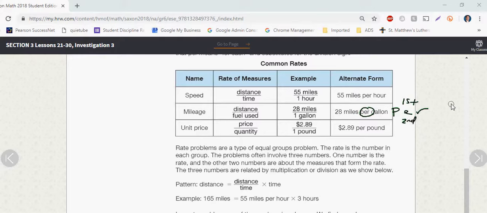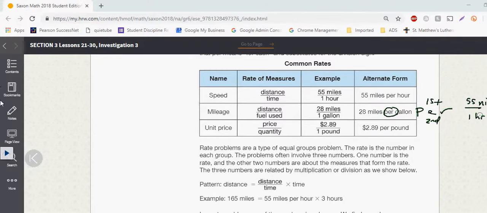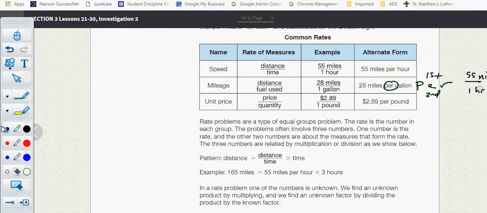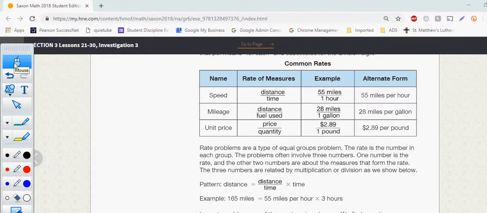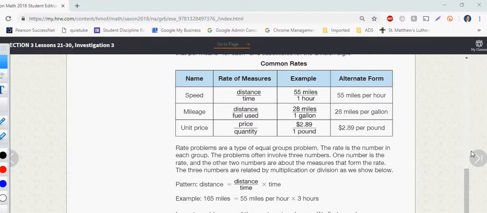Read that fraction bar as per in a rate. 55 miles per hour. And in these cases, you will want to label these because we want to know what we're measuring on top and on bottom. In a rate problem, one of the numbers will be unknown and we'll have to solve for it. Find it by multiplying.